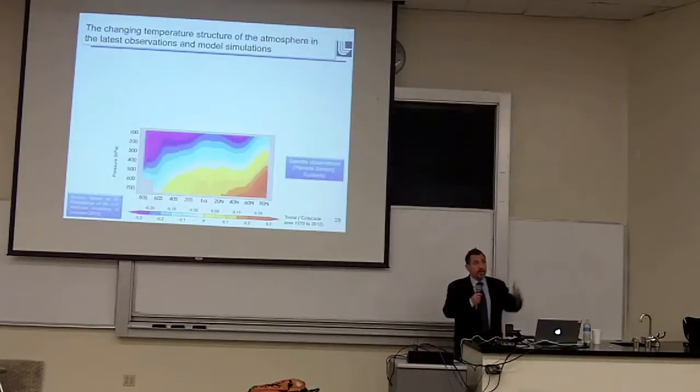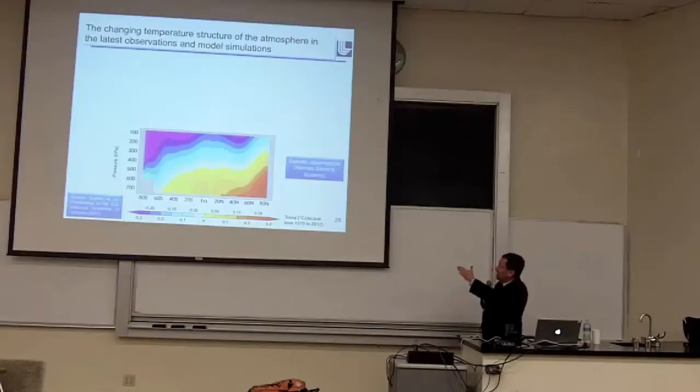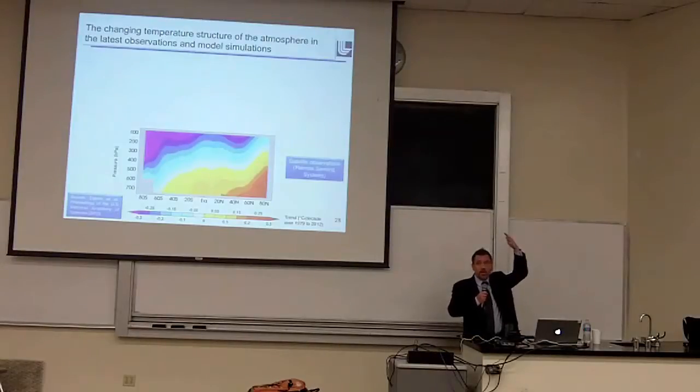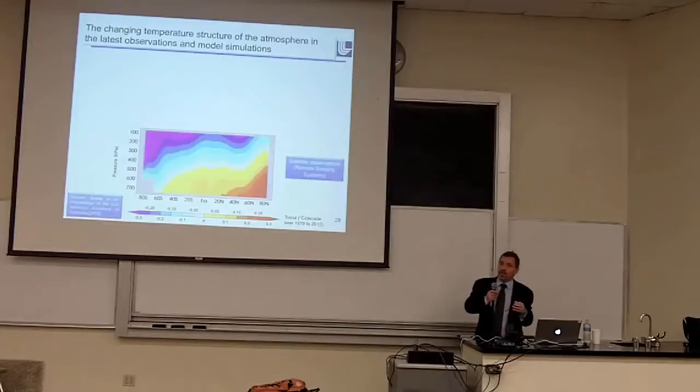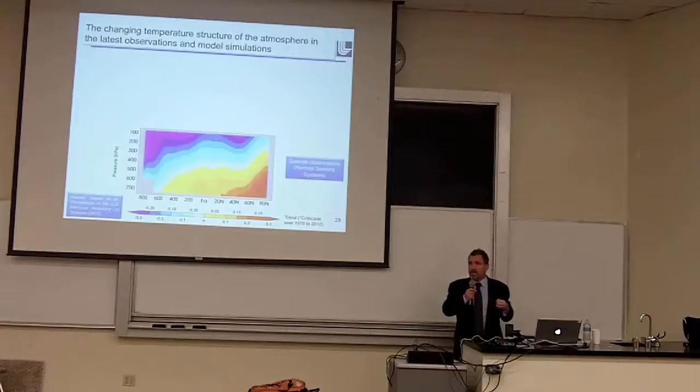And what you see here is a slice through the atmosphere. We're looking from the South Pole on the left to the North Pole, and from the surface right up into the stratosphere. These are beautiful measurements from so-called microwave sounders. These are instruments carried on polar orbiting satellites since the late 1970s. They measure the microwave emissions of oxygen molecules.